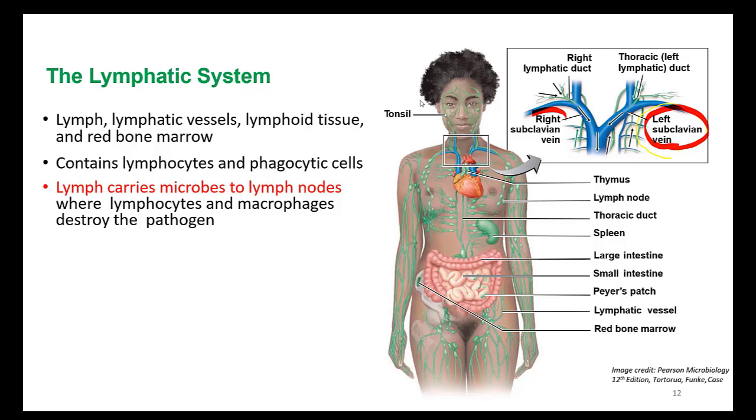And then you have a right subclavian vein that collects the liquid from the lymphatic ducts that came from the right side. Those also collect from the head. They're different.